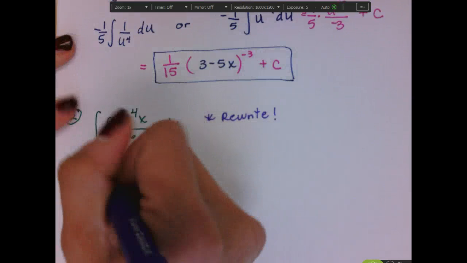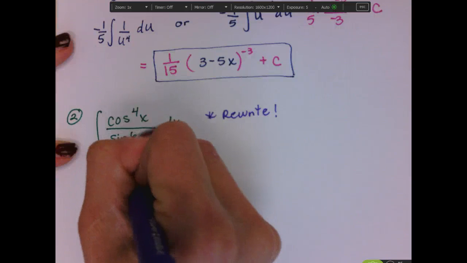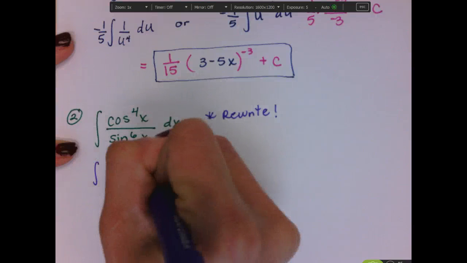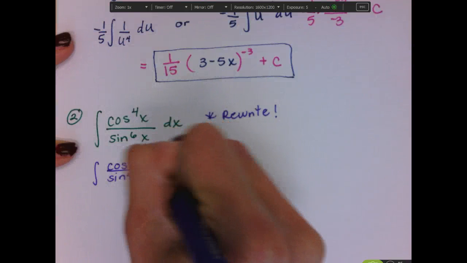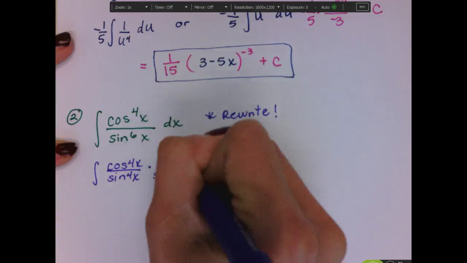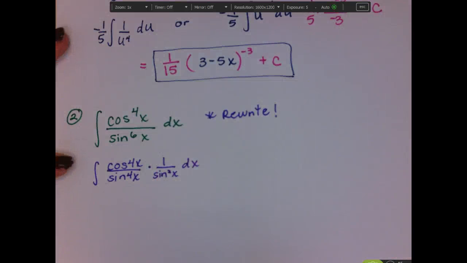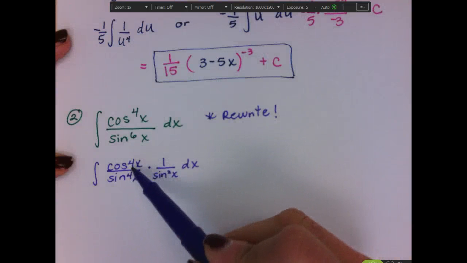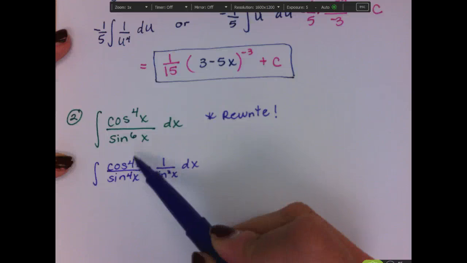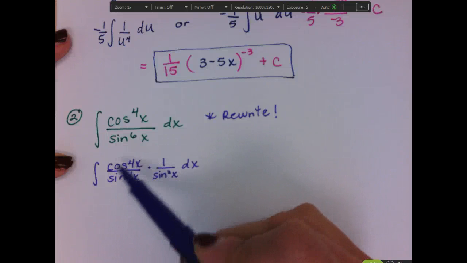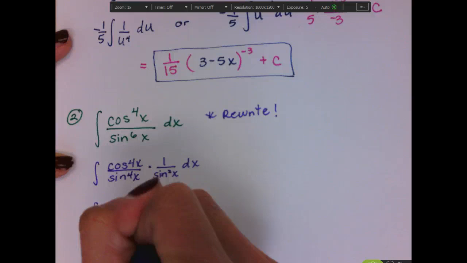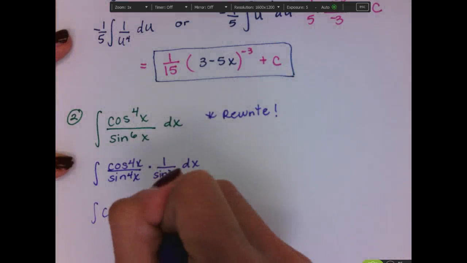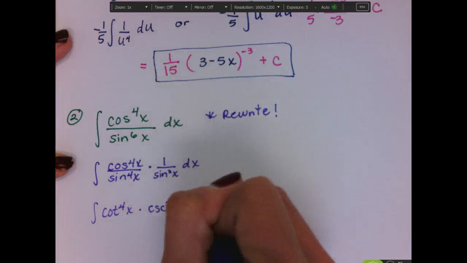So if I think about this as cosine to the fourth over sine to the fourth times 1 over sine squared, that would equivalently represent what I was given. So this has a power of 4, but all of this is cotangent to the fourth. And then think about this right here as being cosecant squared.